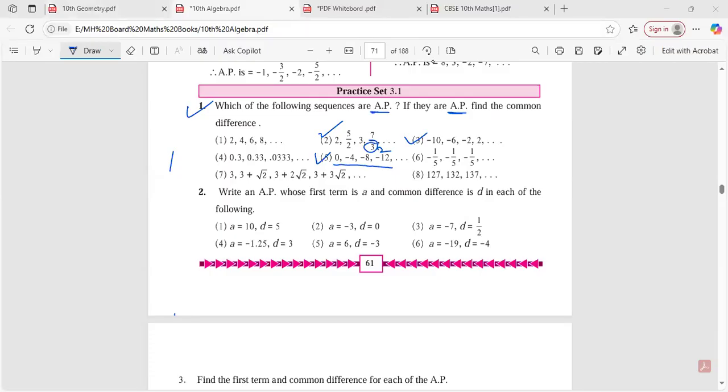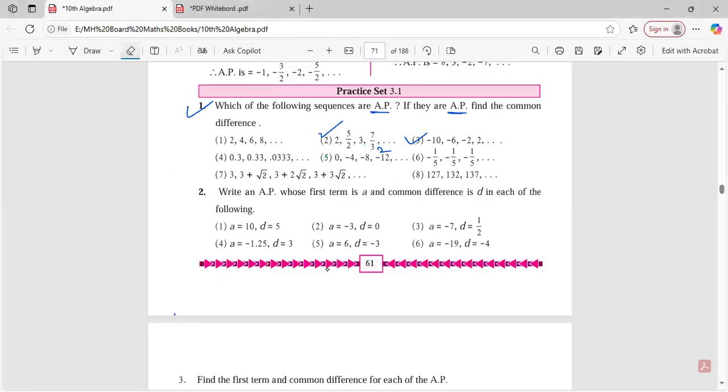Not yet. What's wrong? Still not visible. I have shared. Can you share the screen again? Yes, I just shared. Okay, share it again.